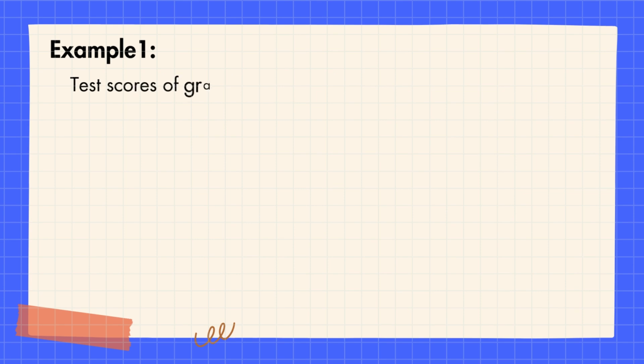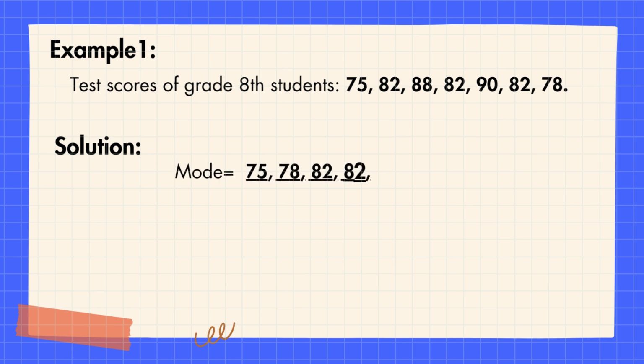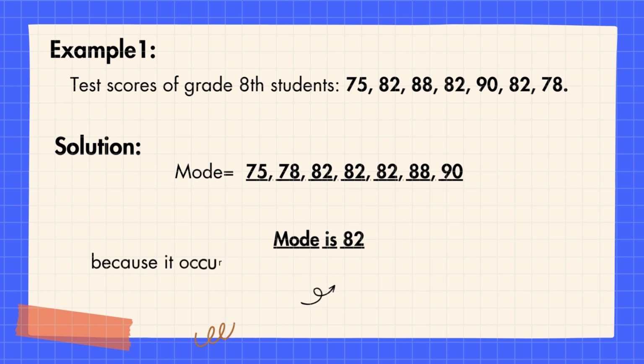Here the example is given. Consider a data set of test scores: 75, 82, 88, 82, 90, 82 and 78. In this case, the mode is 82 because it occurs more frequently than any other number.